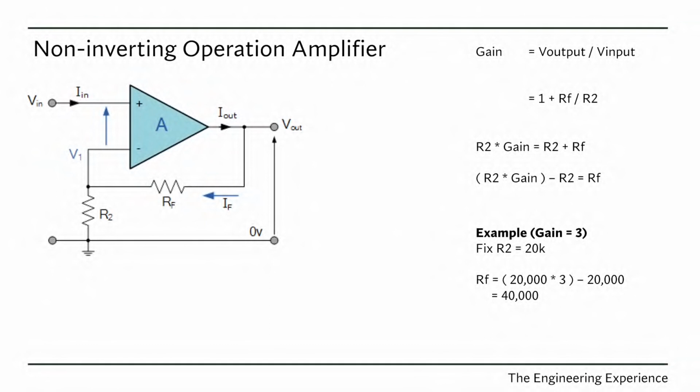So you can see I've put in all the values: 20,000 times 3 minus 20,000. So R2 times the gain minus R2 equals RF. This equation is telling me that to get a gain of 3 from my op amp, if I have fixed the value of R2 to 20k, then for RF I need a value of 40k.